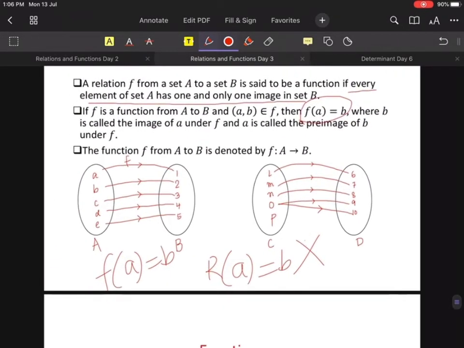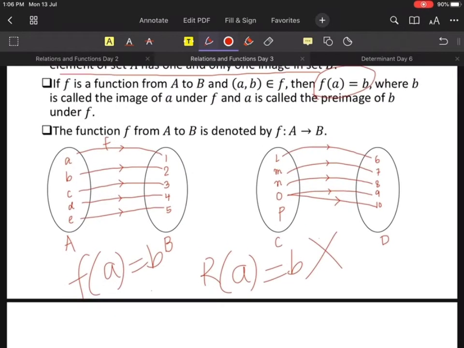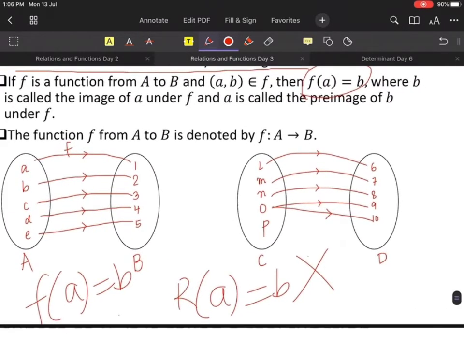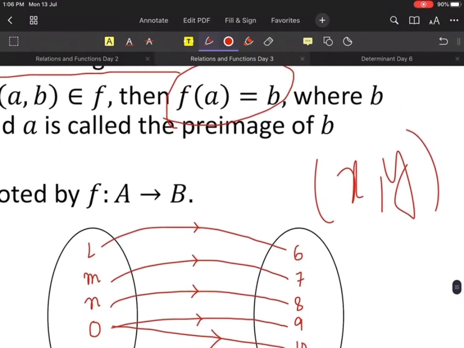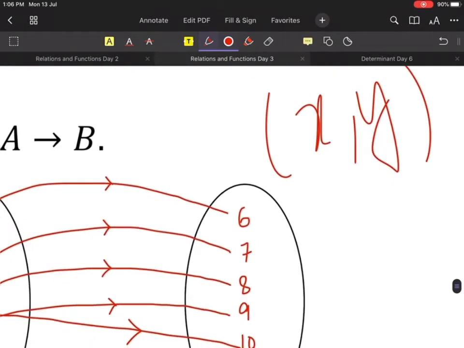But for a function, which is a special kind of relation, I can write f(a) is equal to b. Understood? Am I clear? Where a is the first element and b is the second element. Understood? Acha, who can tell me? If we had (x, y), then in case of function, what can I write?